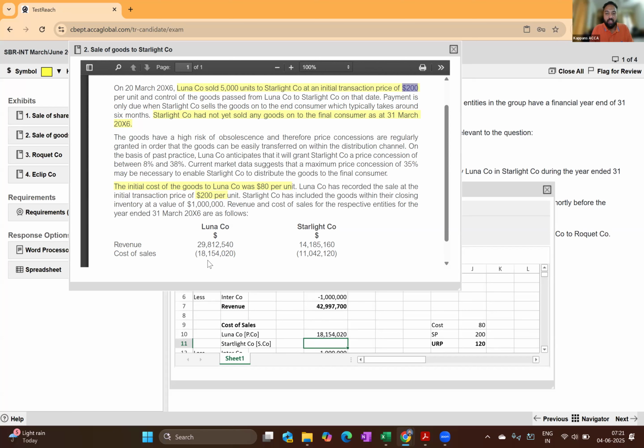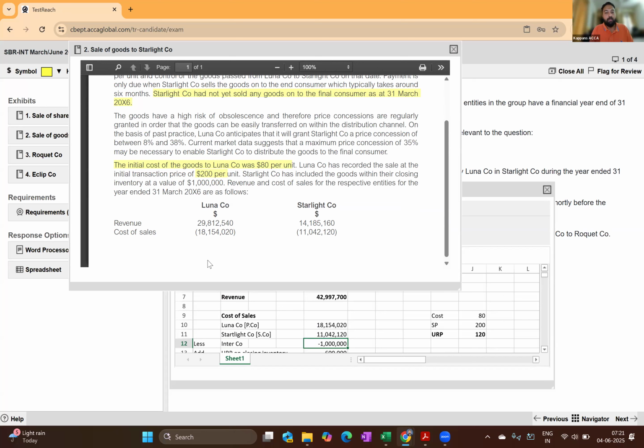Now, cost of sales: parent company cost of sales 18,154,020 and subsidiary company 11,042,120. Intercompany, we have already discussed, 5,000 intercompany purchase into 200, and URP on closing inventory we have discussed, 120 into 5,000 units. URP should be added.